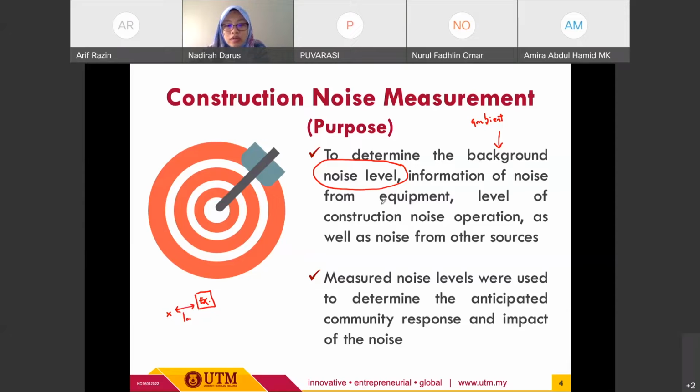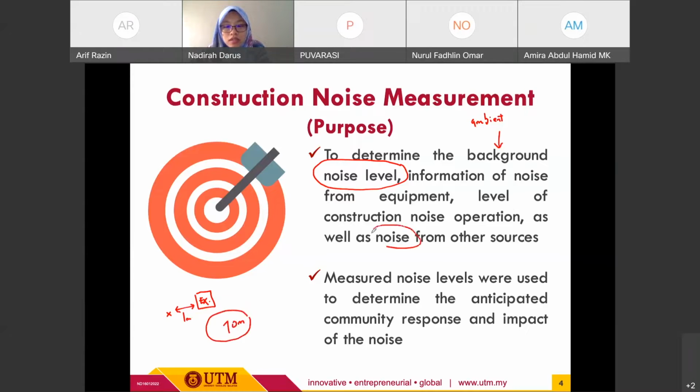Okay, so usually we measure at a distance of 10 meters. Okay, the available database also provides the information of equivalent continuous sound pressure level at 10 meter distance. Okay, so later I will also share the existing databases for each of the individual equipment, as well as noise from other sources.